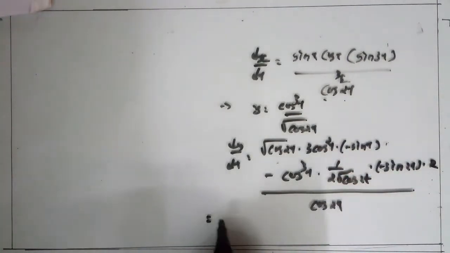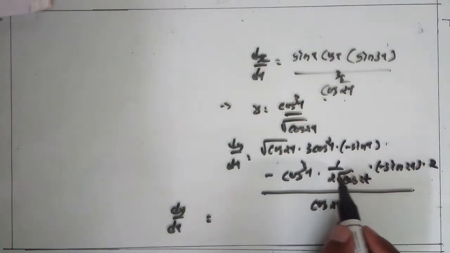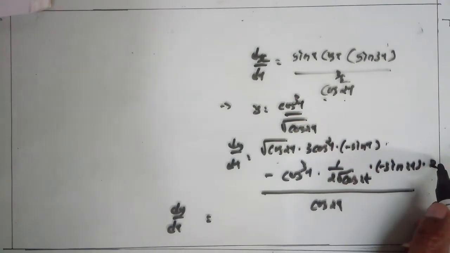Clear? So dy/dt is equal to, here the 2 from both numerator and denominator cancel.